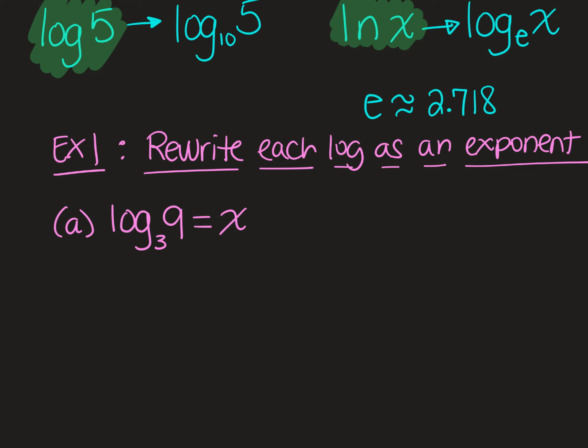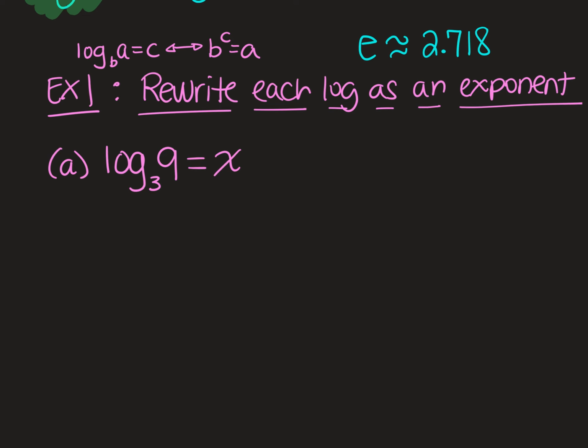Okay, so what I want to do is rewrite that in exponential form. Let me just put our little cheat sheet here. You guys have this. You don't have to rewrite it. I'm just putting it here so I don't have to keep going up and down on my screen. So we know that our rewrite is the log base b of a equals c becomes b to the c power equals a. So the first thing I identify whenever I'm rewriting is what is my base.